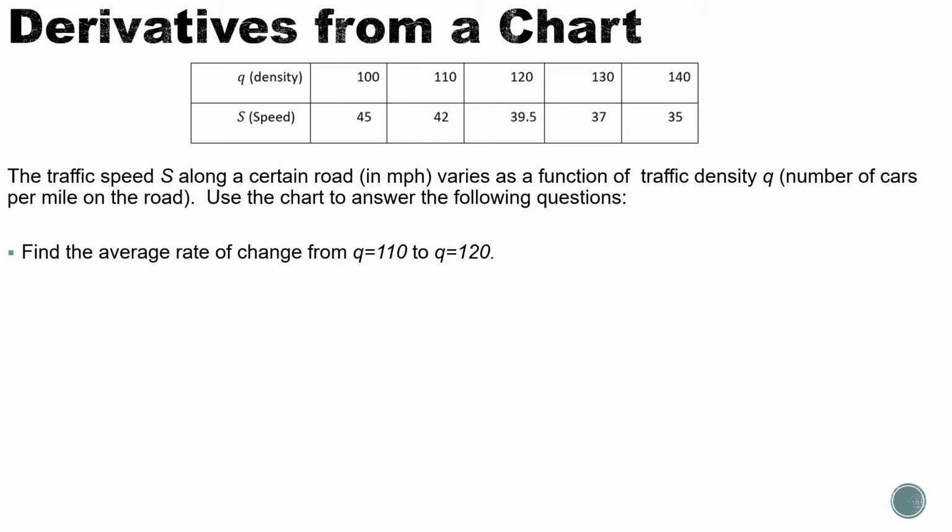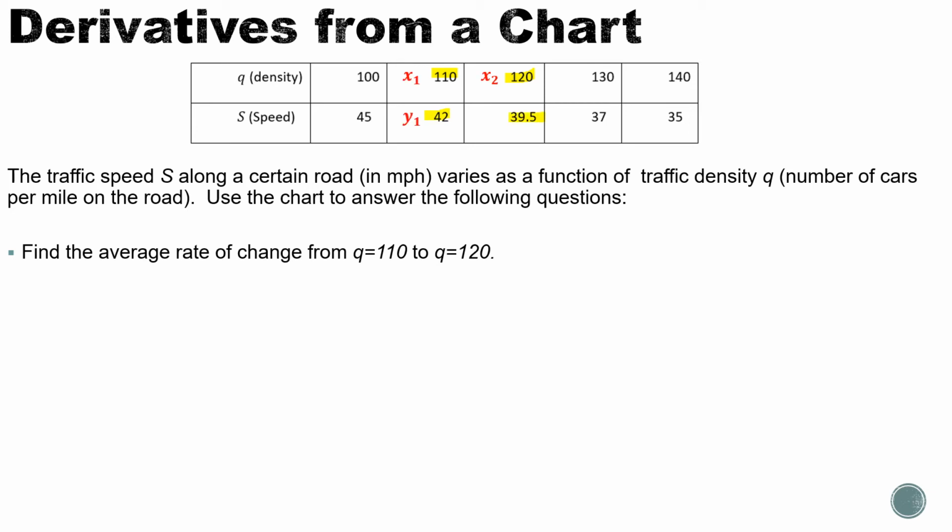All right, the next question says find the average rate of change from Q equals 110 to Q equals 120. Remember, average rate of change is the slope of your secant line, or your old school slope, y2 minus y1 over x2 minus x1. We're going from 110 to 120, and these are the y values that correspond to it, 42 and 39.5.